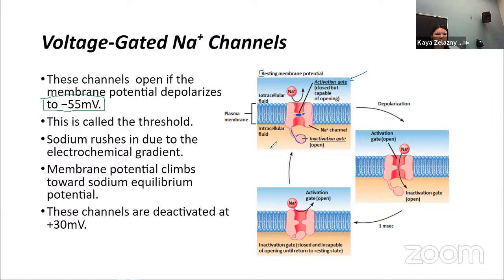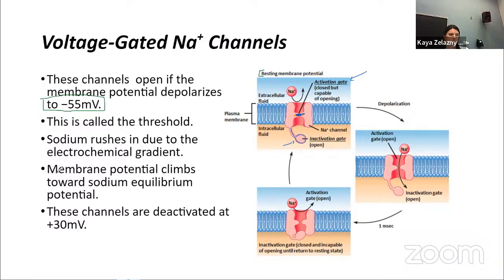The other thing that happens to be true is our inactivation gate is open, right? So we essentially have two sort of sliding doors, or you can think about it like a window and a screen, right? They are both going to have to be open in order for sodium to get through. So when we start out, we have this activation gate closed, but the inactivation gate is open. Doesn't matter because we need both open in order to get through.